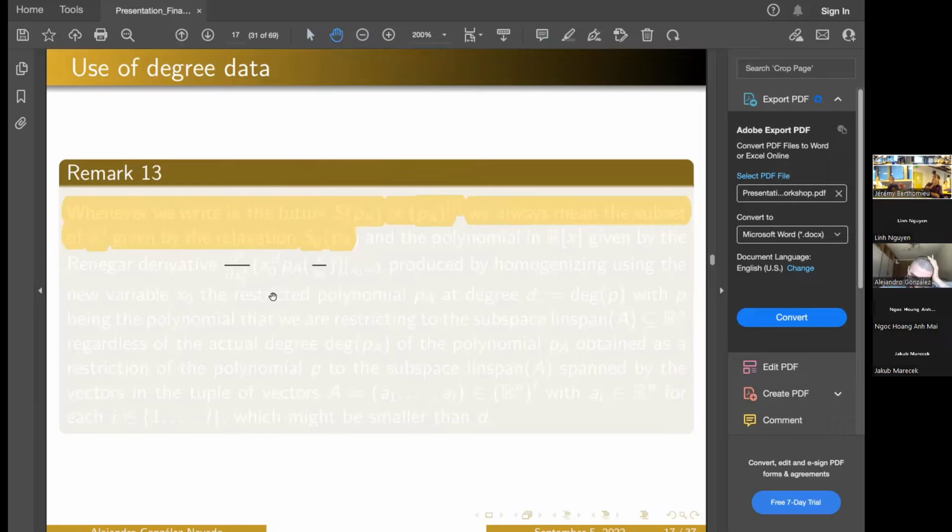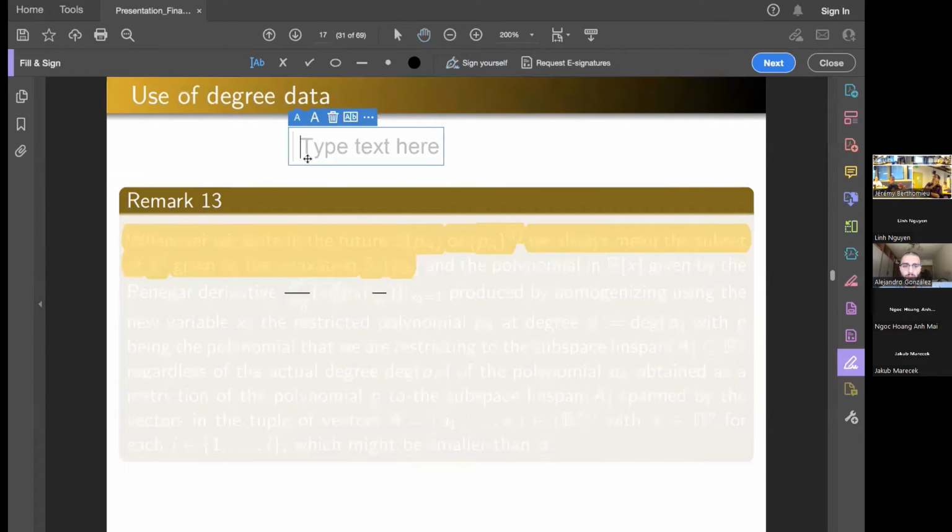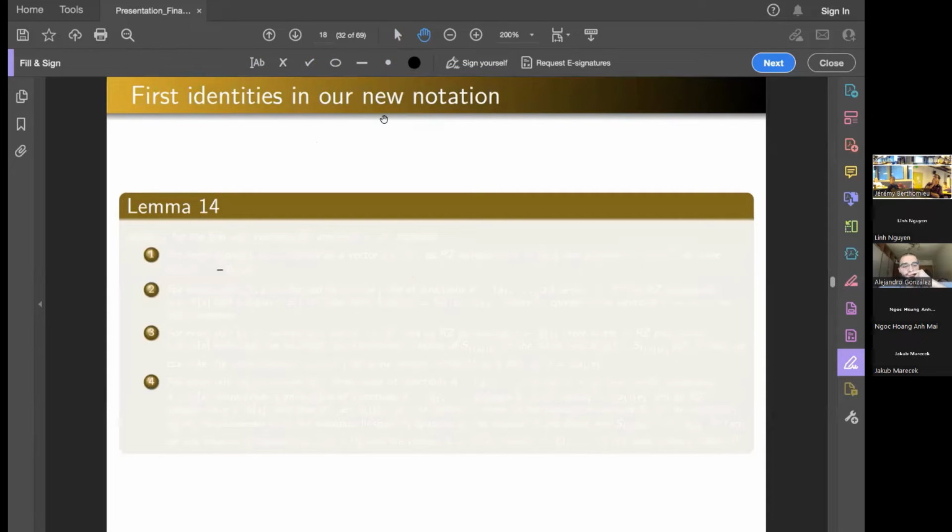So if I can write something. No, I cannot. I am sorry. Well, I don't know why this is not working. Well, yes, in this lemma you can see some of them and the others no.